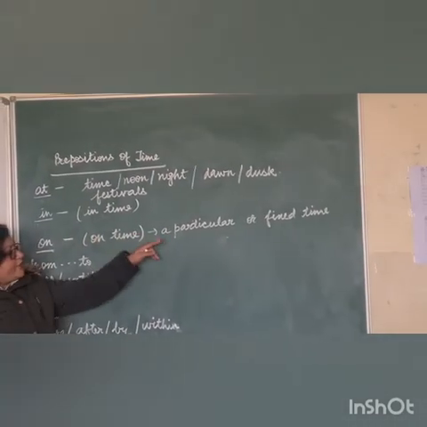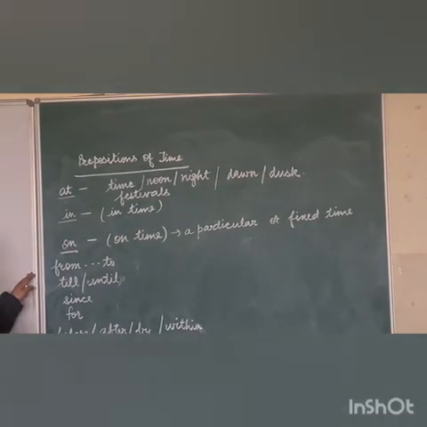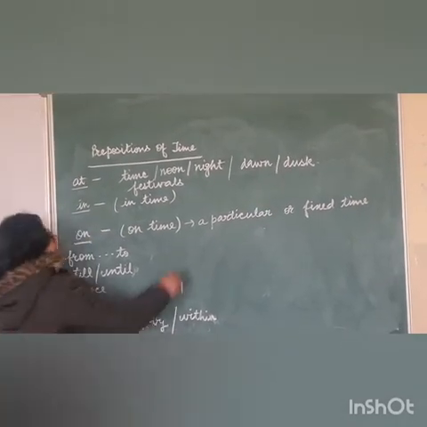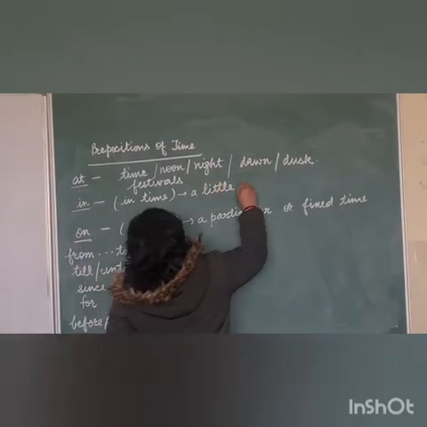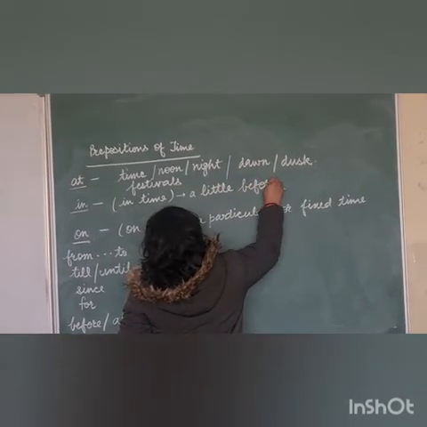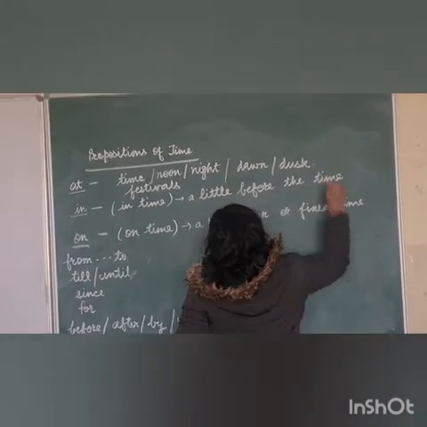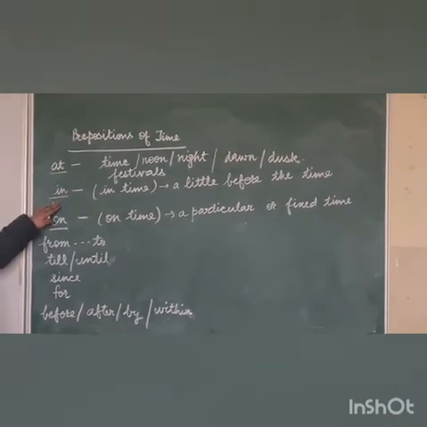We use on time for a particular or fixed time. As we say, the school bell rings on time. And in time, it is a little before the fixed time. A little before the time. We say that you should reach the school in time.